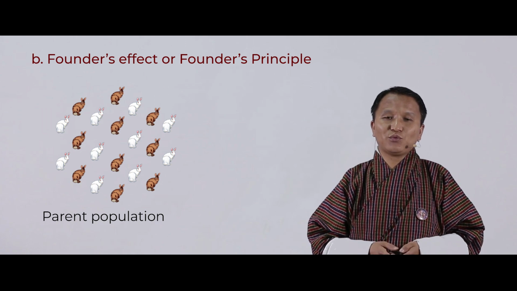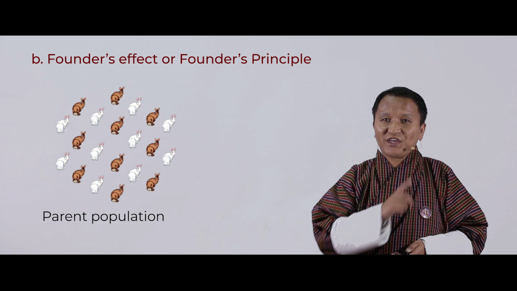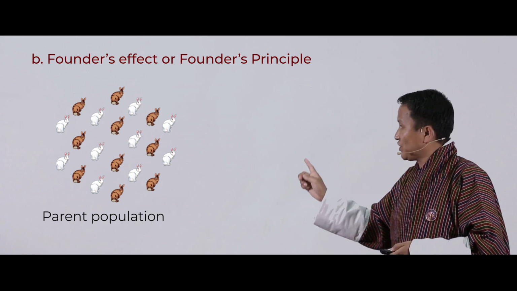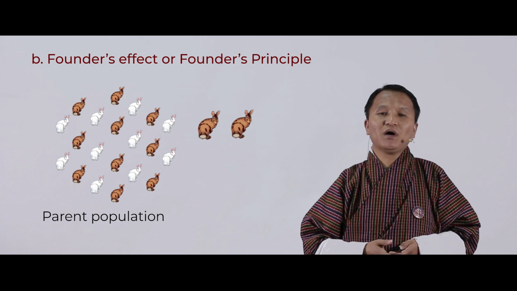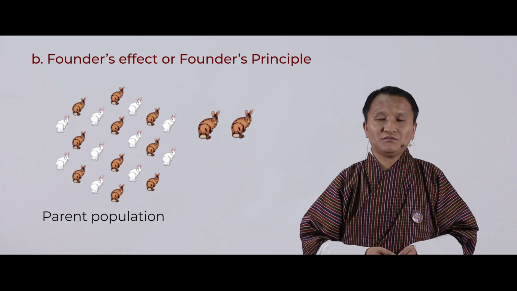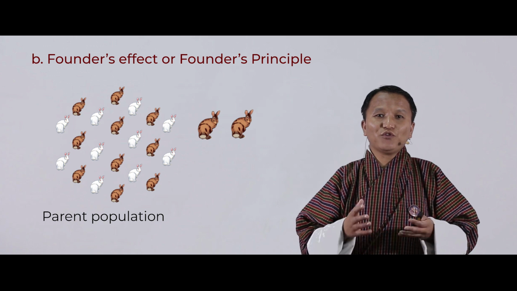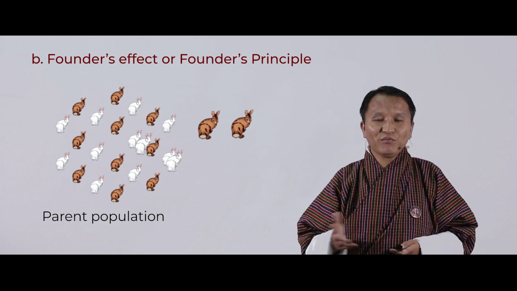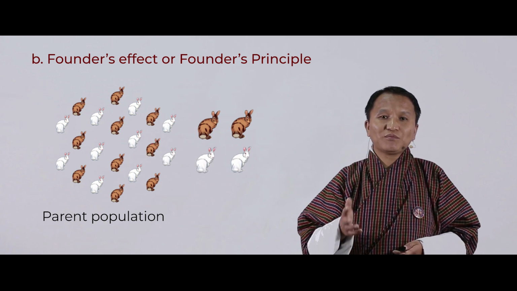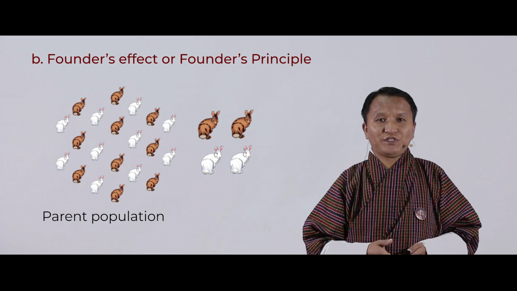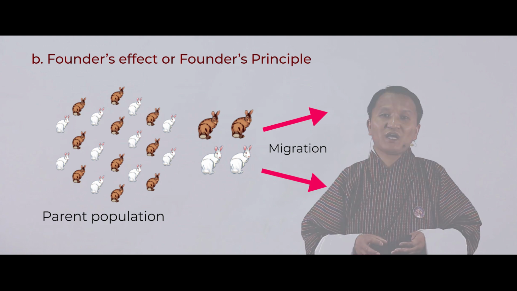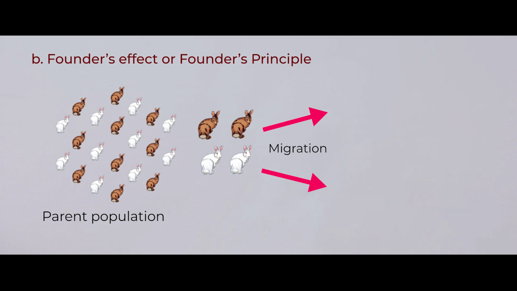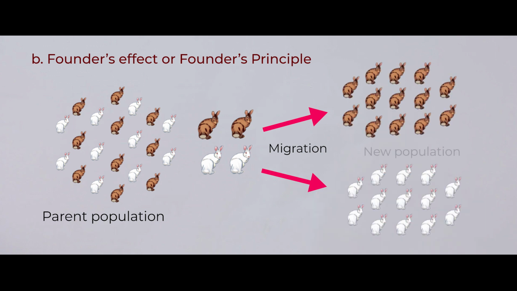Two considerations that we are making: in one case, you find a brown rabbit moving from the parent population to set up a new population. In another case, you find a white rabbit moving out. So after a few generations, you will find that two new populations which are completely different from the parent population have been established.